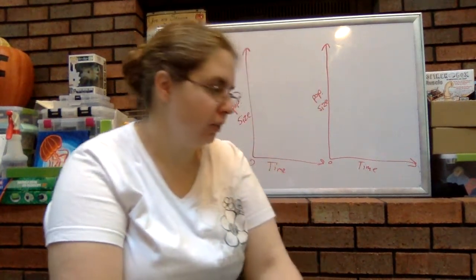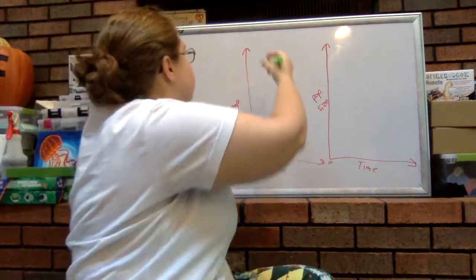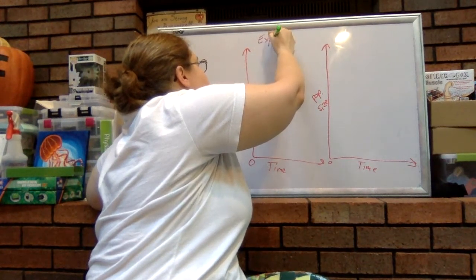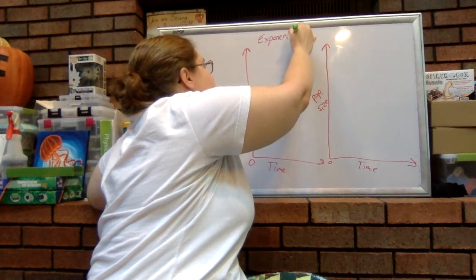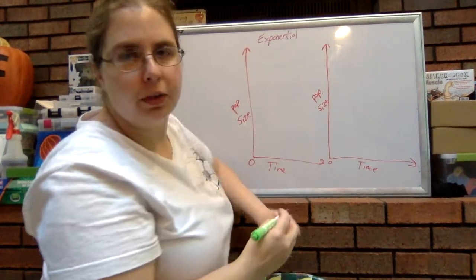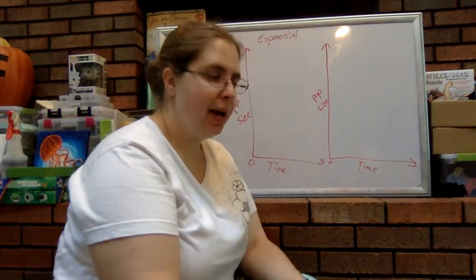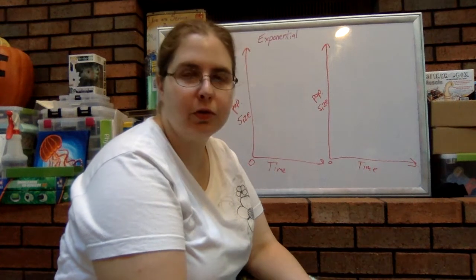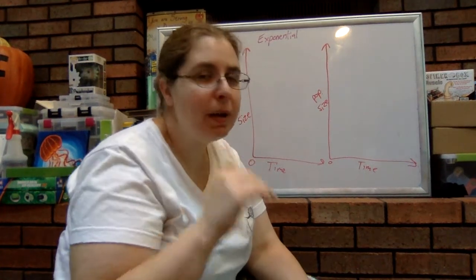The first one is called exponential growth. Now, with exponential growth, this is when the population will reproduce and increase at a constant rate, not by a constant amount.